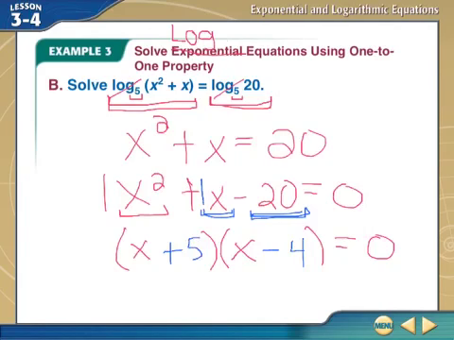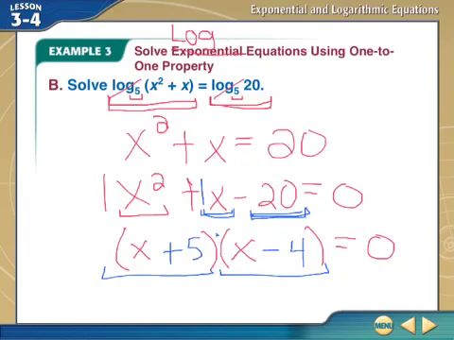Now, if x plus 5 times x minus 4 is equal to 0, we can use what's called the zero product property. 2 factors multiplied together that equals 0 means that one or both of the factors have to equal 0.